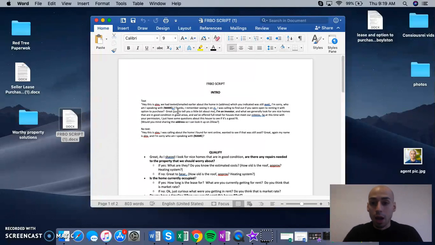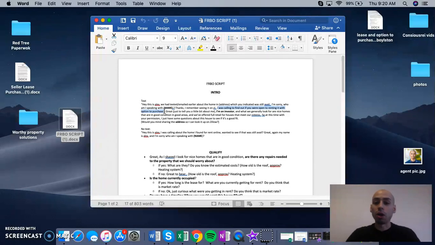Okay, and here's a good phrase that I use. Basically, after I know that they're open to renting with an option of purchase, and let me back up a little bit, because this is a question that I like to ask on a landlord call right up front, versus a for sale by owner call. I don't really ask this up front most times, and I'll explain why in another video.